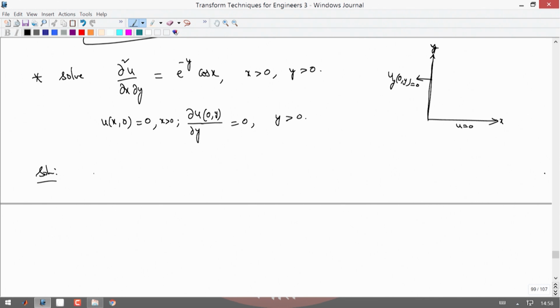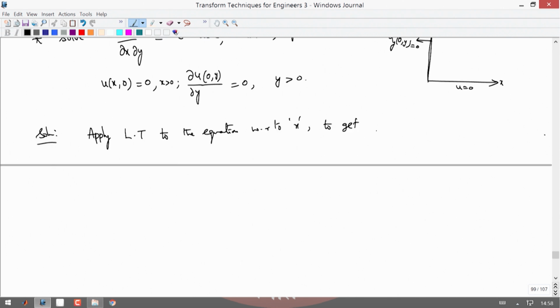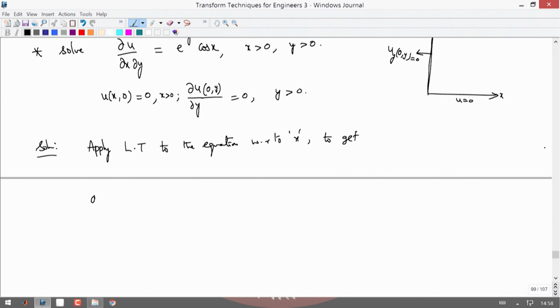Applying it to the equation with respect to x, we get ∂/∂y of s ū(s, y) minus u at x = 0, so u(0, y).